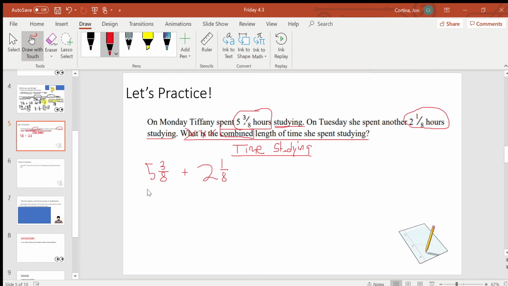So remember what we do when we add, we're going to break up our whole number and our fractions. 5 plus 3/8 is the same as 5 3/8. And 2 1/8 is the same as 2 plus 1/8.